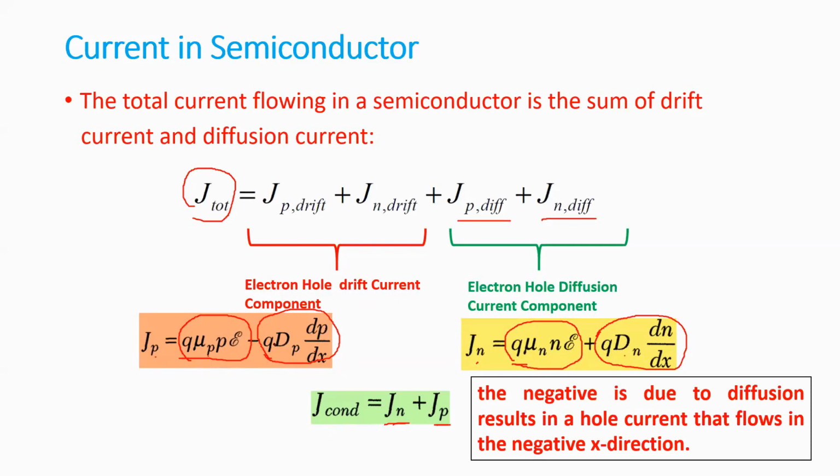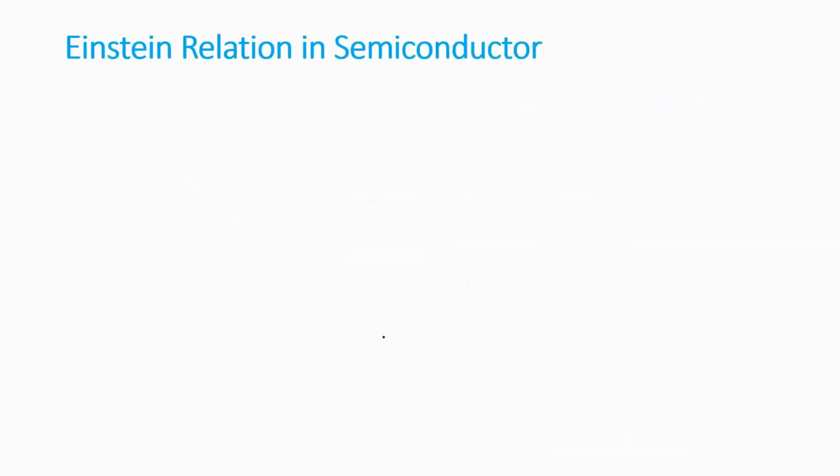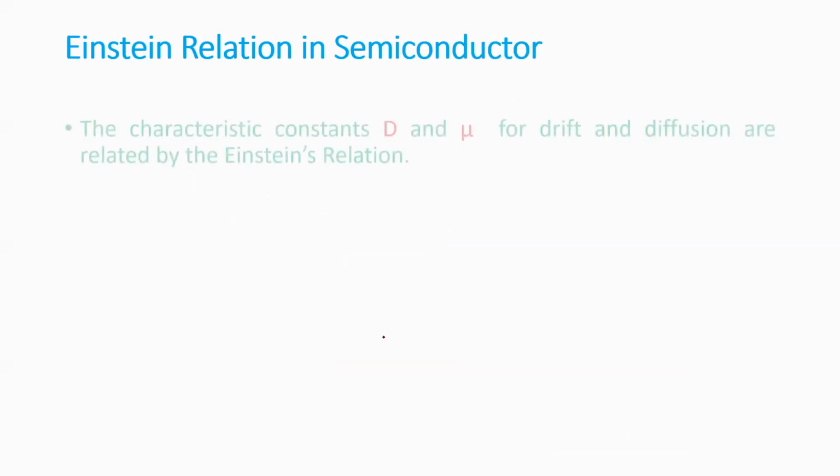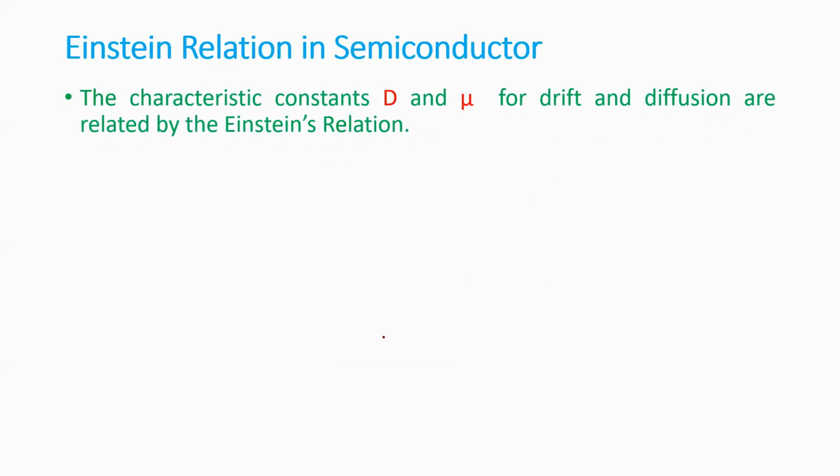Now a student has already asked what is the value of this diffusion constant. So now I am coming to that particular factor. This value is discussed in the Einstein relation in a semiconductor. Although we are not in a position to discuss this right now because it's a basic course, if you want me to discuss it, I can do so in some other class.